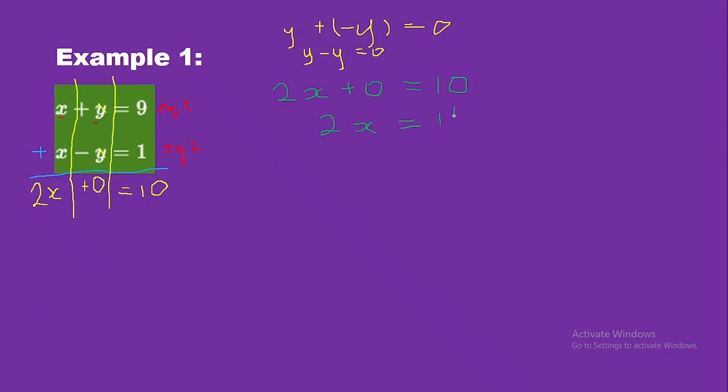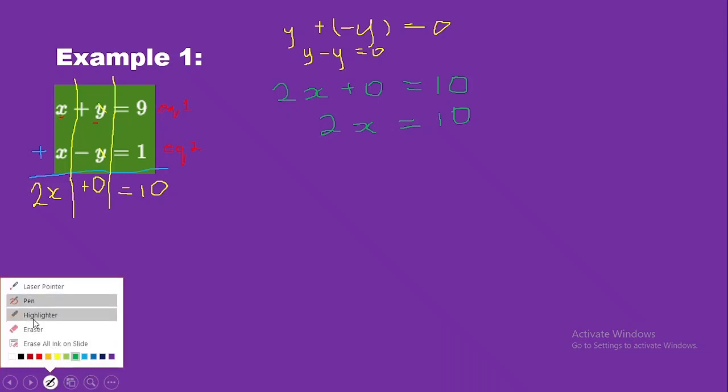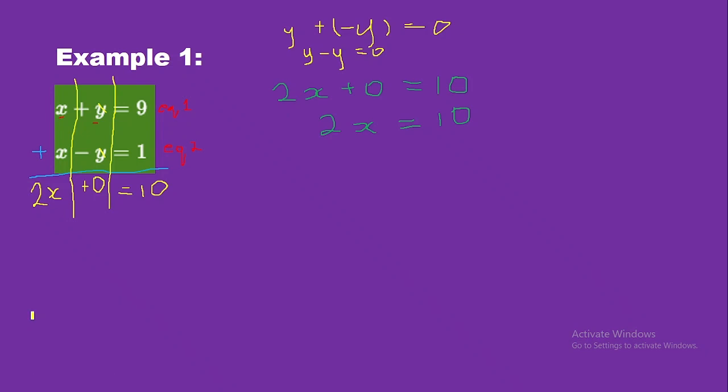Why? Look at this new equation that I have right here. This is definitely just a linear equation. I'm going to highlight it. Is this not looking like a linear equation? So what I am going to do now is solve for x. What is the 2 doing to the x right here? What do I have to do in order to get x by itself?